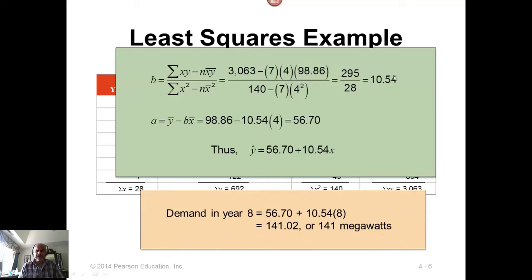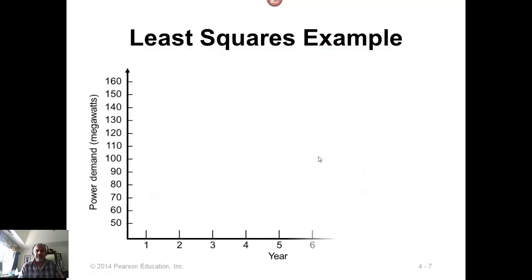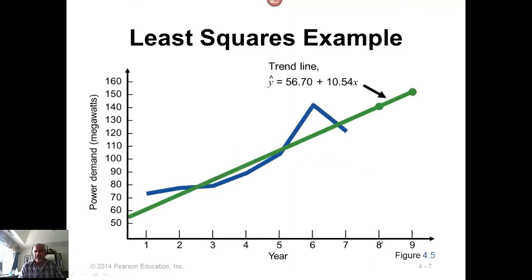Okay, and you get your slope coefficient and the intercept, and here is the prediction equation. And then we can use that prediction equation by plugging in the value of 8 for x for year 8, plugging in a value of 9 for x for year 9, and so on. So we will now look at a worked out example.